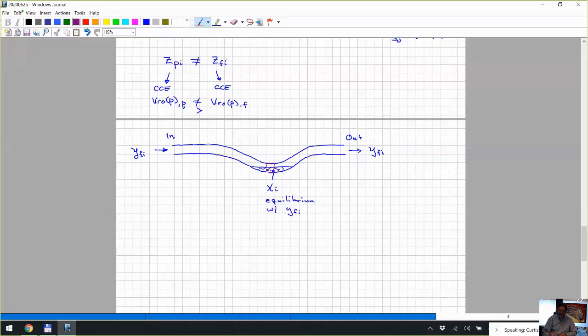If you did a CCE of the total pipe composition, you would get this liquid volume, gas volume distribution. But if you did the CCE of the flowing gas at this pressure, there would be no liquid. It would be saturated, at its dew point.